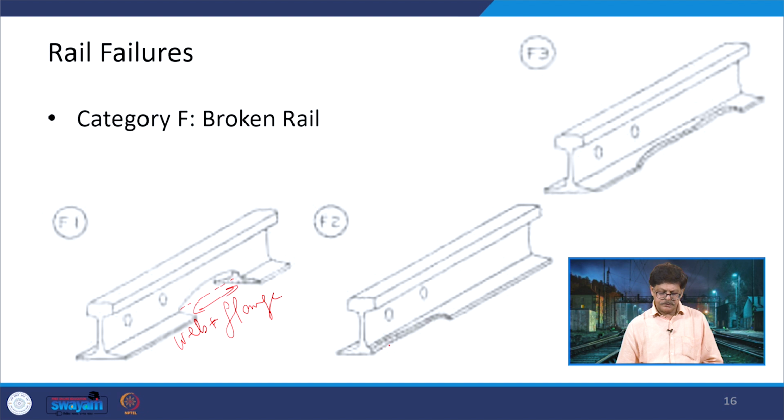In the other case, it is only in the flange section and some flange area is still left. This is the joint and this is how the flange has gone down. Another case is not happening on the rail end, it is happening along the rail section. You find it occurring in this way, so this material has got chipped out.